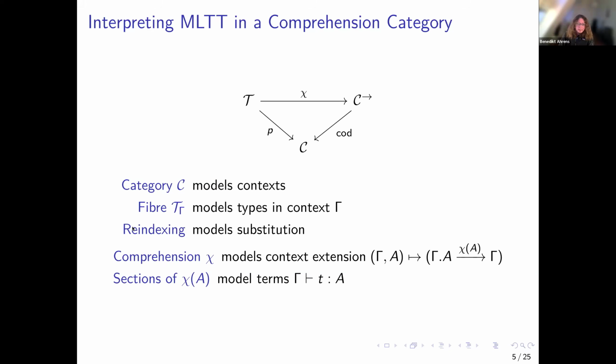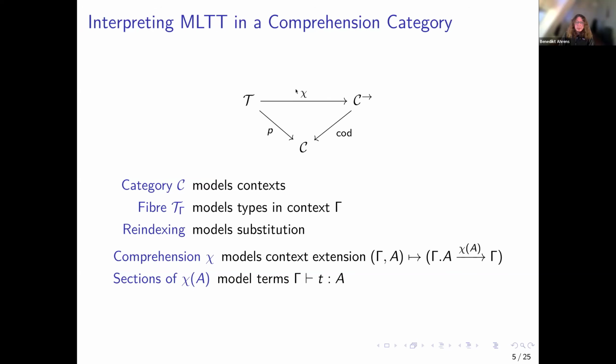The re-indexing that is part of the cloven fibration P models substitution. So if we have a morphism of contexts down here, then we can pull back or re-index a type over the target context to obtain a type over the source context of that substitution.